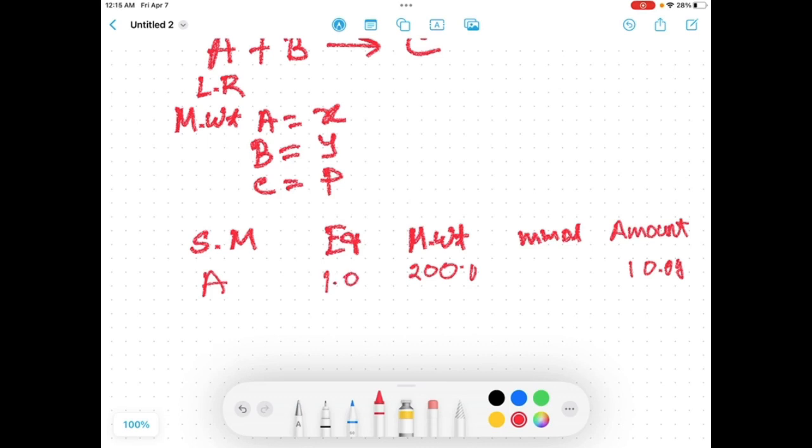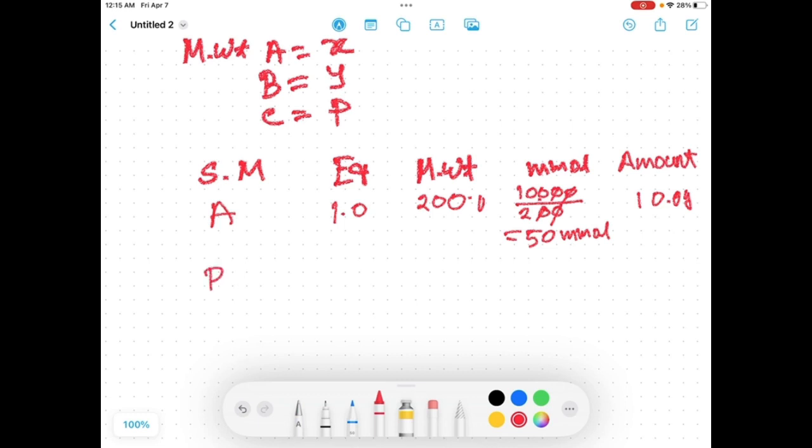So millimole will be 10,000 divided by the molecular weight 200, so it will be 50 millimole. Once you know the millimole of the limiting reagent, then you can easily find out B.